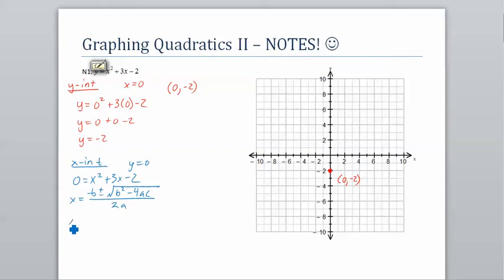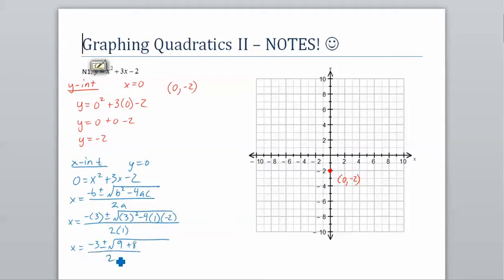And so if we put those numbers in, we've got x equals negative b, which is negative 3, plus or minus the square root of b squared, which is 3 squared, minus 4 times a times c, and then divide by 2 times a. So x equals negative 3 plus or minus the square root of, we'll simplify, 3 squared is 9. Negative 4 times 1 is negative 4, times negative 2 is 8, so plus 8.